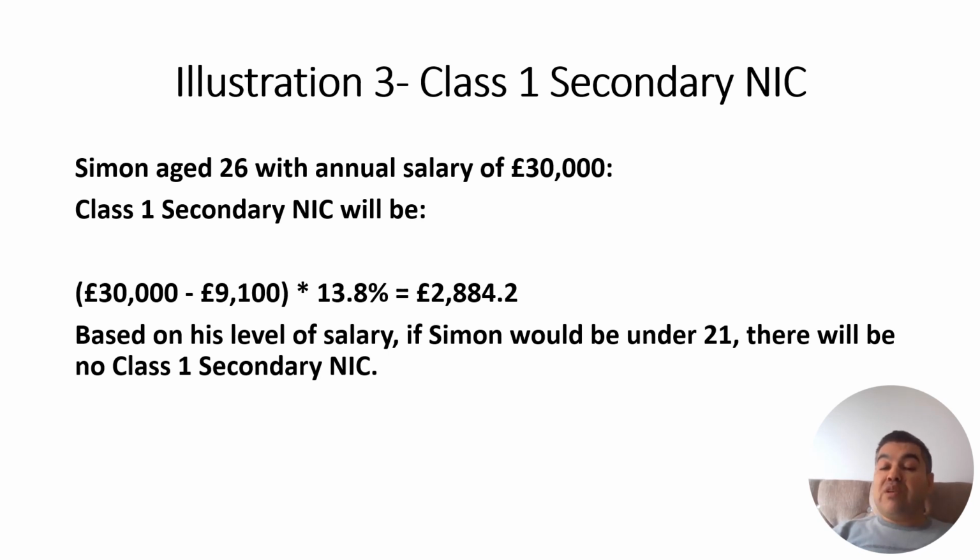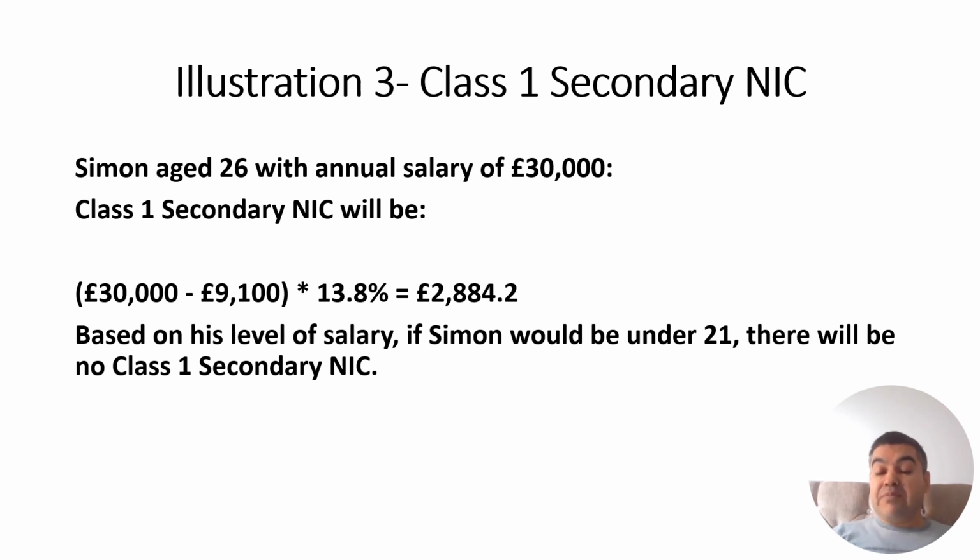Based on his level of salary, if Simon were under 21, mark this one. Remember, it's highly tested, and you need to know it. There will be no Class 1 secondary NIC, as long as the employee does not exceed the upper earnings limit. There's no Class 1 NIC if he's under 21.